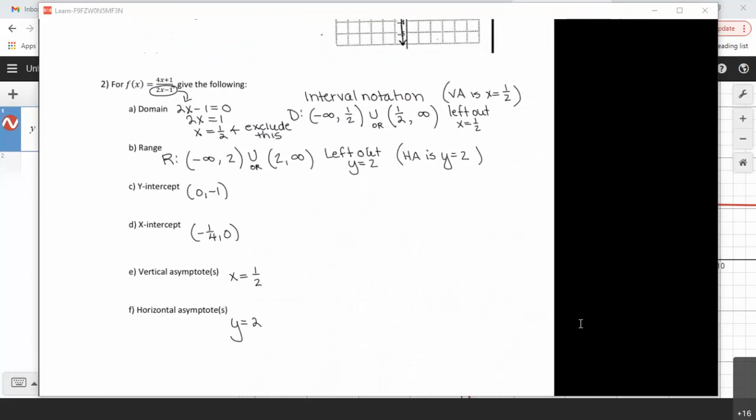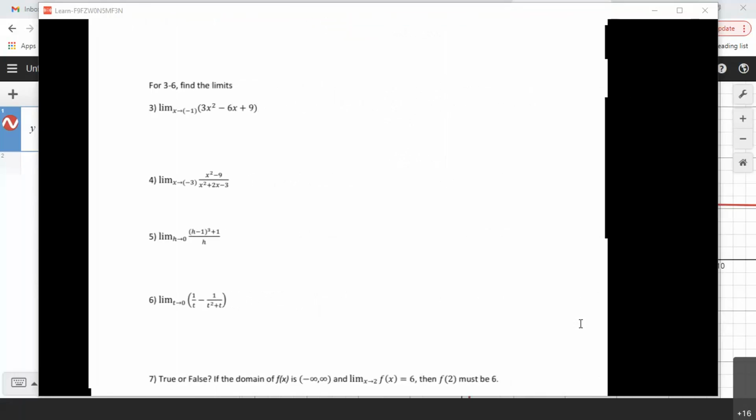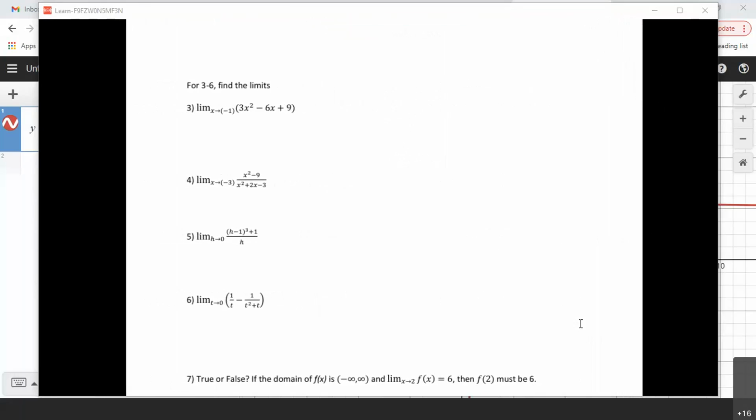Everybody okay with number 2? Anybody have any questions? Again, a college algebra question, probably something you would need to solve some other type of question.